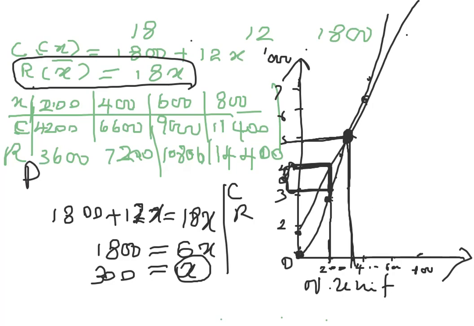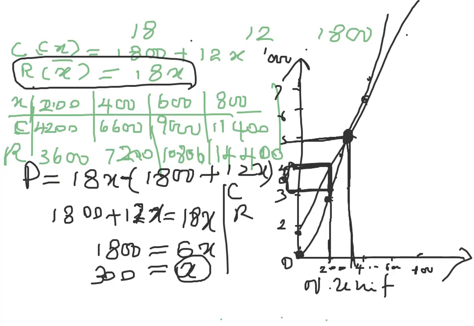Shall I write it? Our revenue function is 18x. Then we minus our cost function, that is 1800 plus 12x.